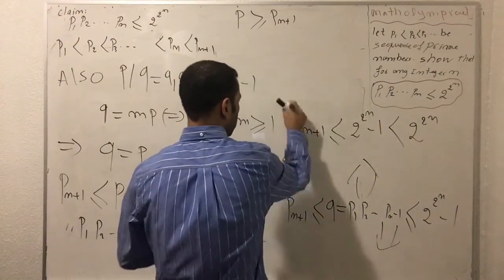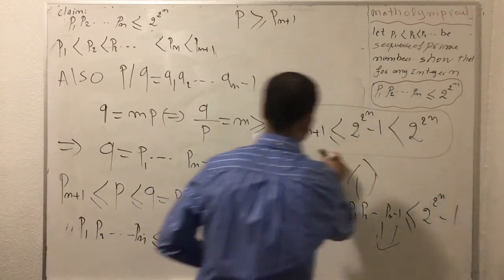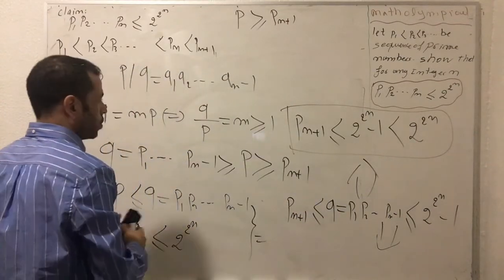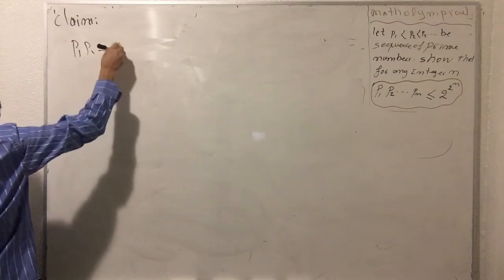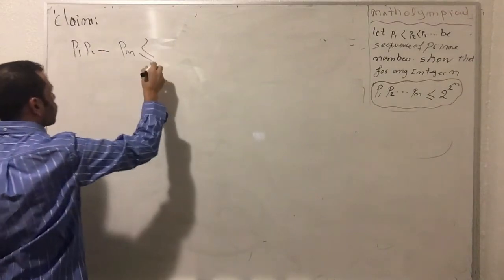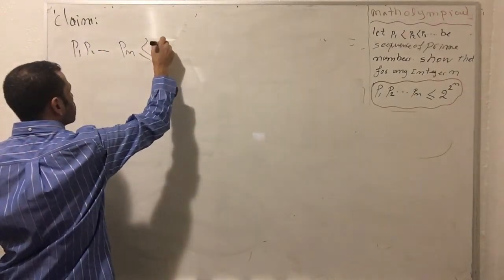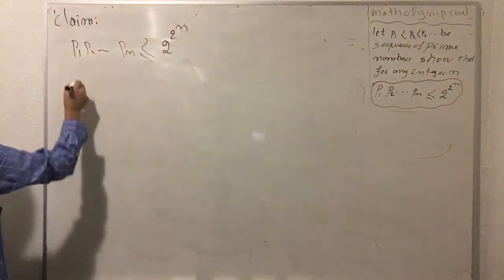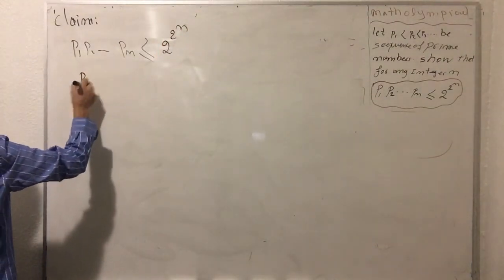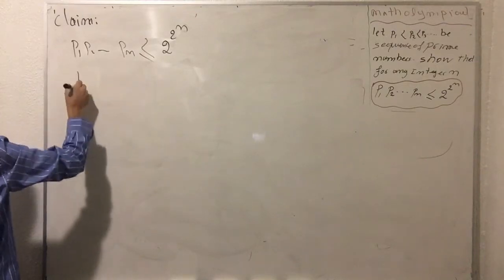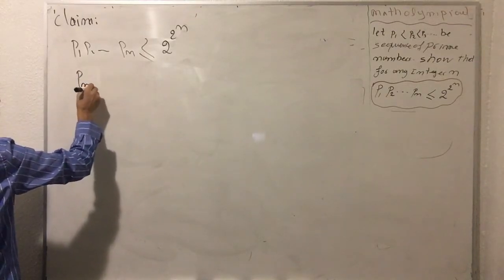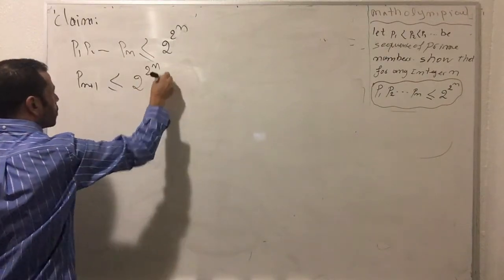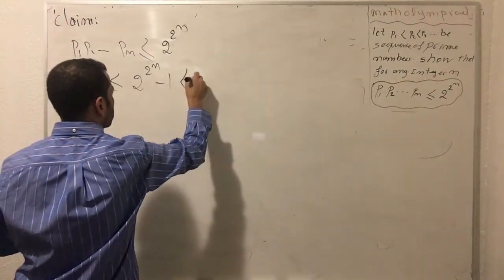Okay, this is very important. P1 through Pn is less than or equal to 2 to the n. Also, we found Pn plus 1 is less than or equal to 2 to the n minus 1, which is less than 2 to the n.